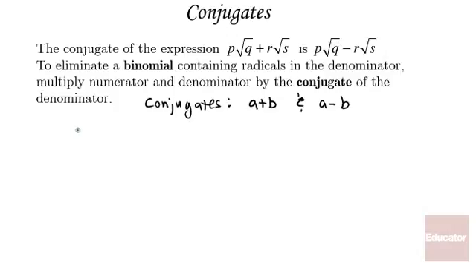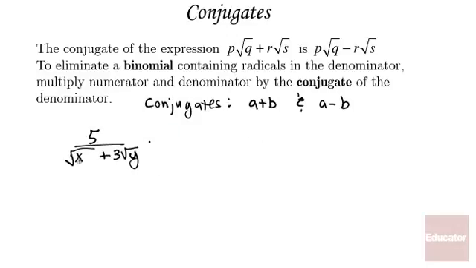For example, if I have 5 divided by the square root of x plus 3 square root of y, I would eliminate this radical from the denominator by multiplying both the numerator and the denominator by the conjugate.